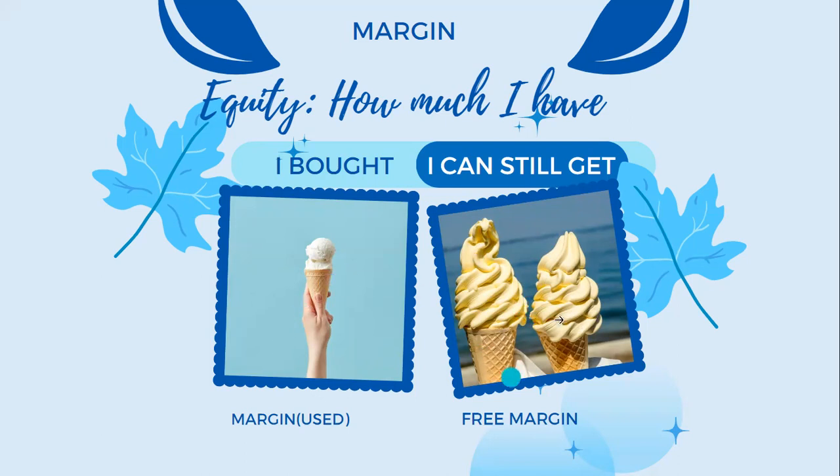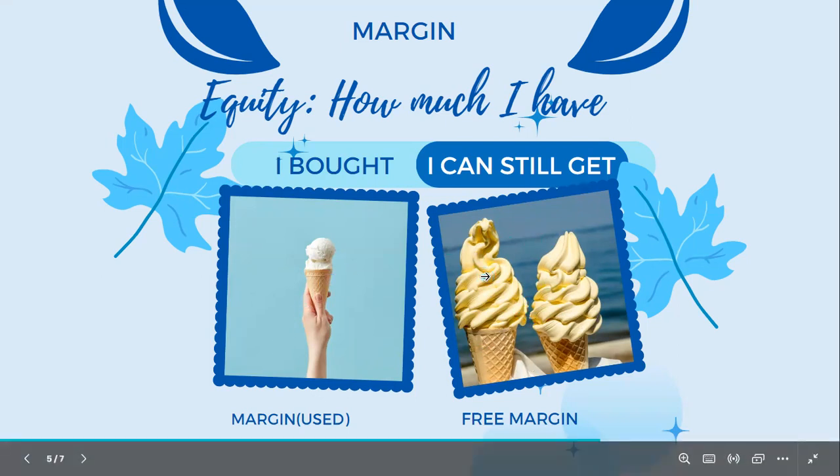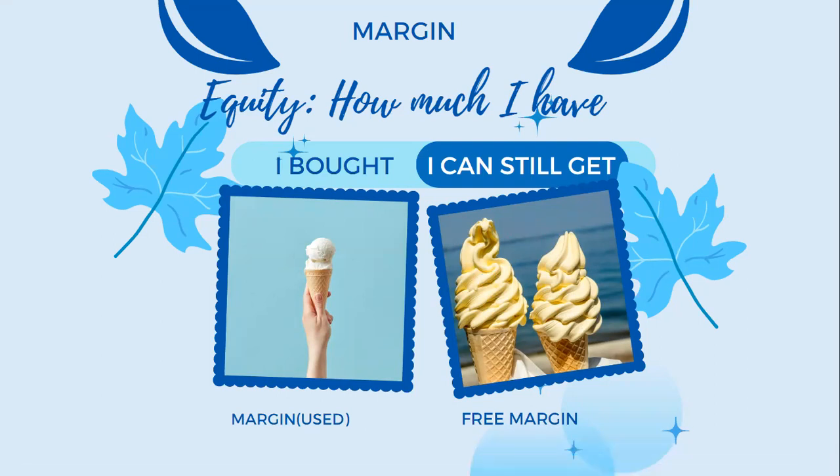And then free margin refers to the amount of money that you can still use to buy two ice creams. Now, of course, if you're going to look at your equity in terms of money, you still have $3 in terms of equity. Why?